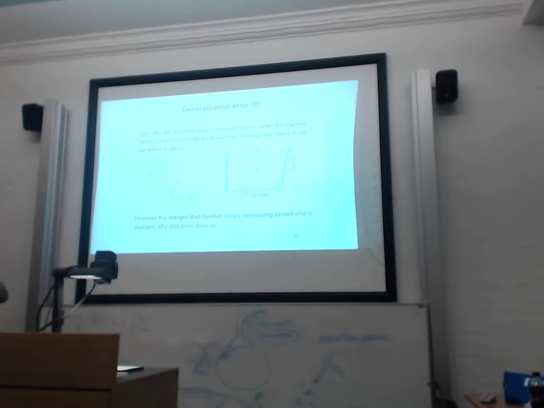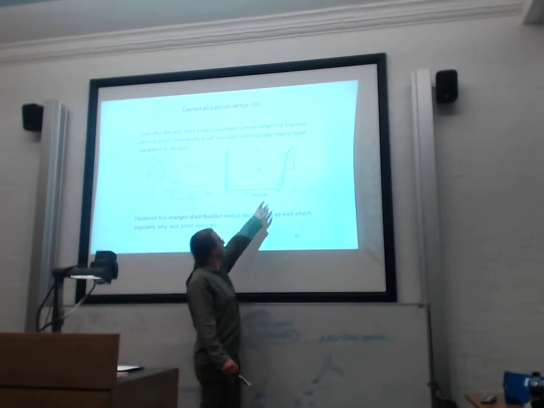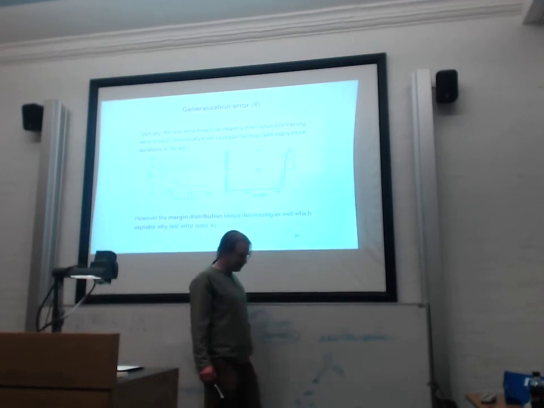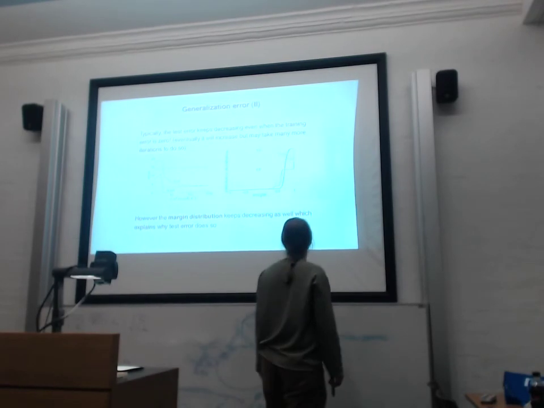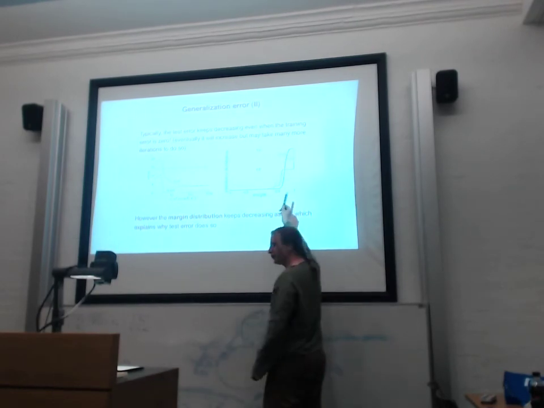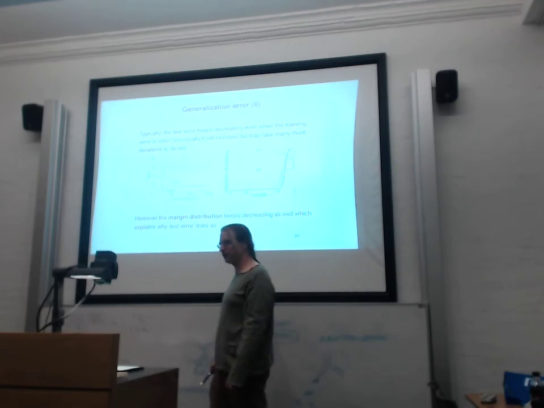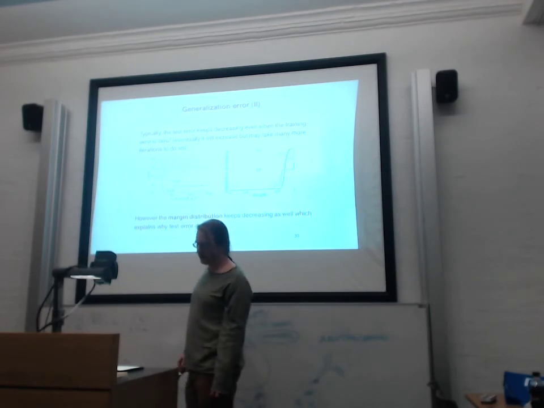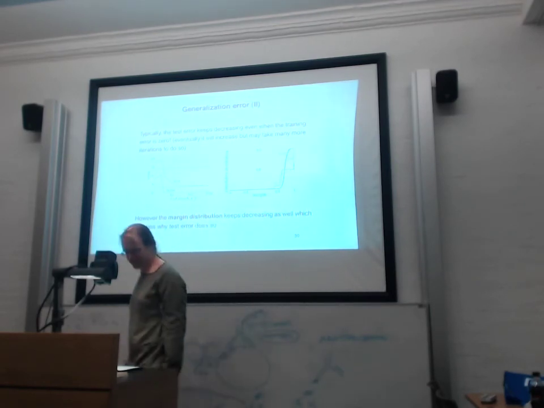An explanation which was given for this phenomenon, which we're not going to go into real detail, but much like you do with a support vector machine, we can define an analogous L1 margin, and what's happening with continual training, it's like you're solving an optimization problem, and that margin tends to increase.